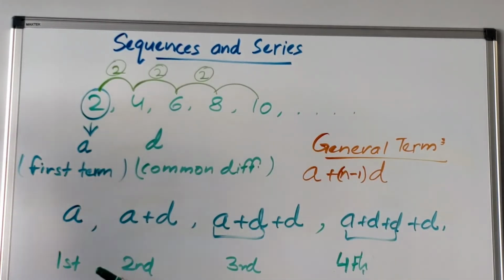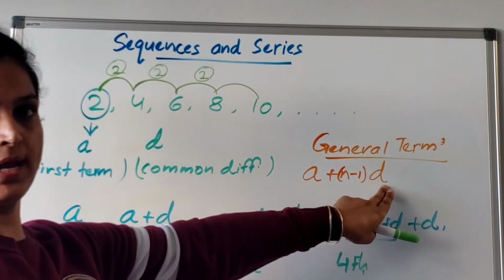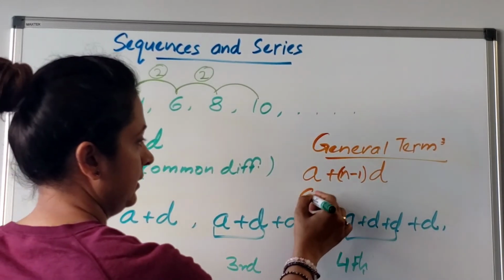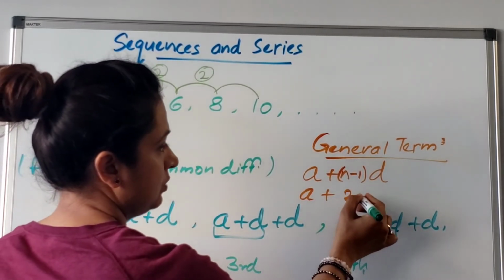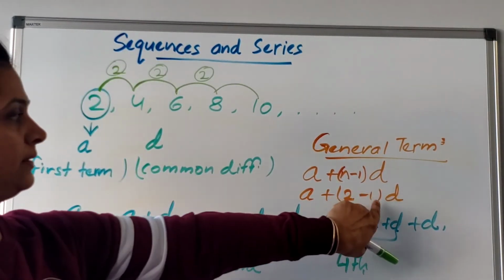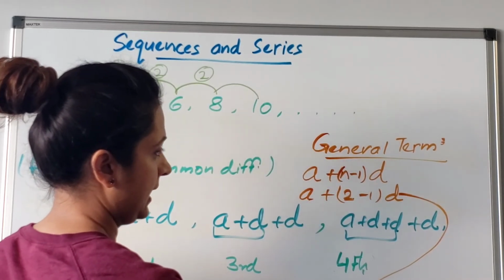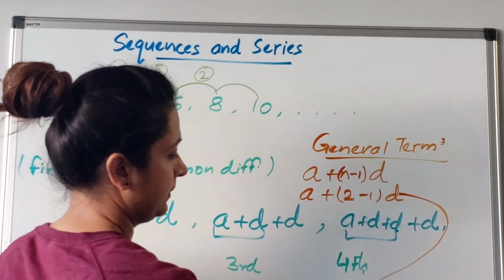So if I'm finding the second term, I want to find out 2 minus 1 D's. So that's here, A plus 2 minus 1 times D. And if you simplify the bracket, it gives me A plus 1 times D.